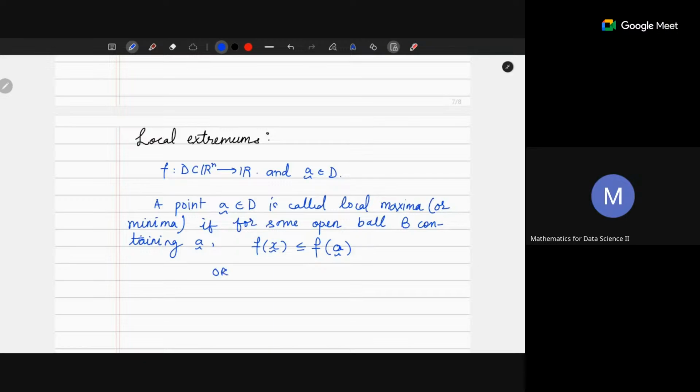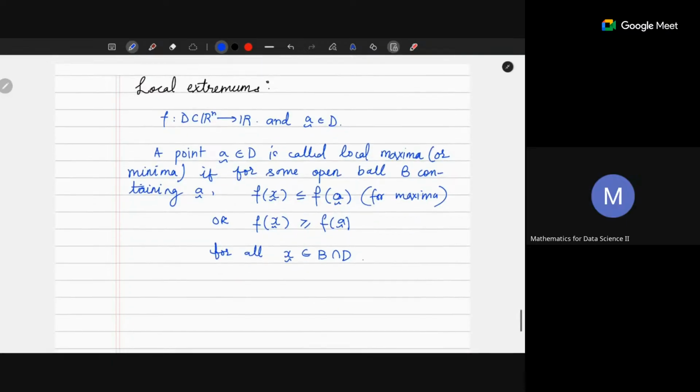This is for maximum. For minima, it should be the opposite inequality; it should attain the minimum. This holds for all points x that sit inside the intersection of B and D. All right, so this is the definition of local maxima and local minima.